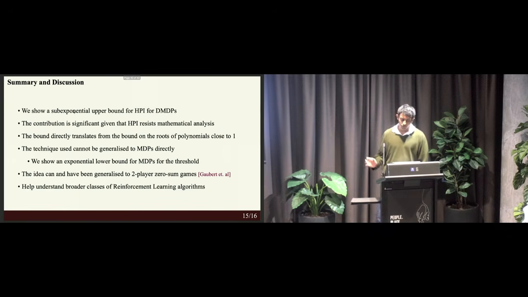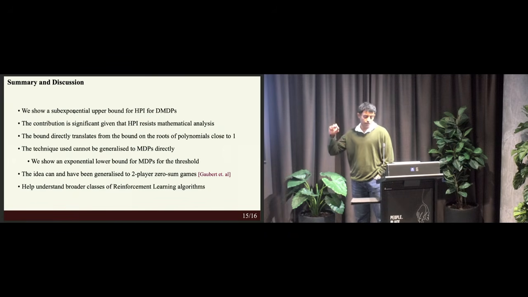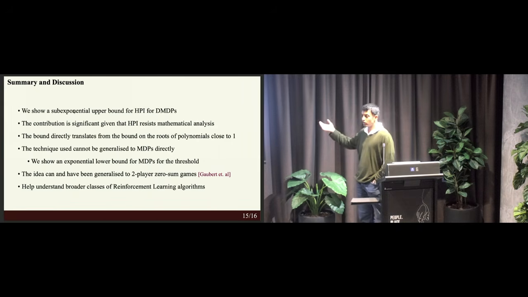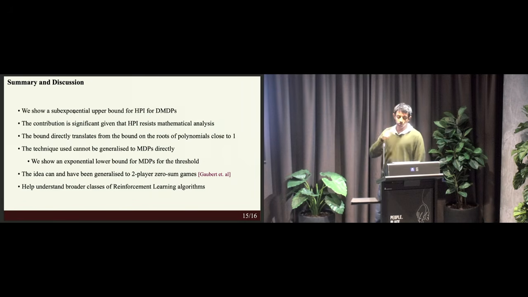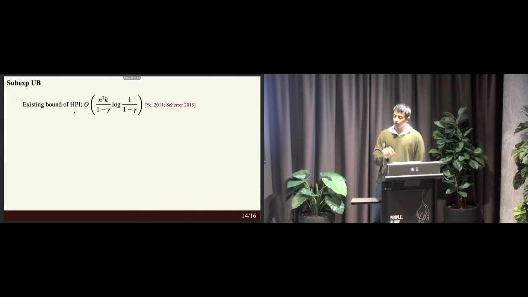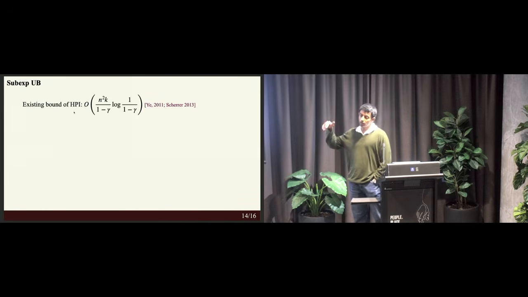So Howard's policy iteration can also be used to solve two-player zero-sum games. The bound that I showed was by Ye. This bound was generalized to two-player games by Hansen.